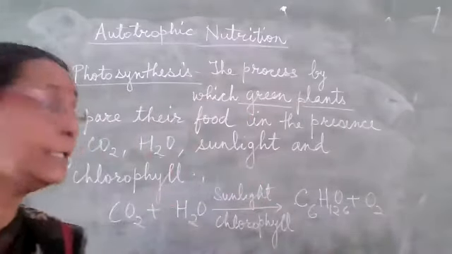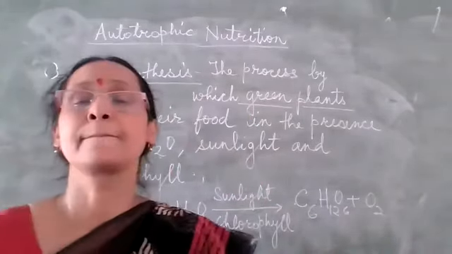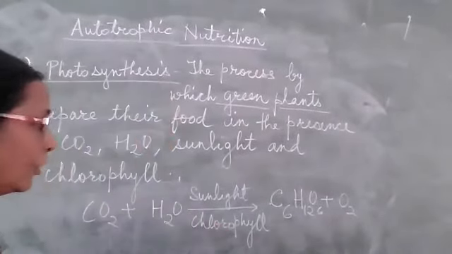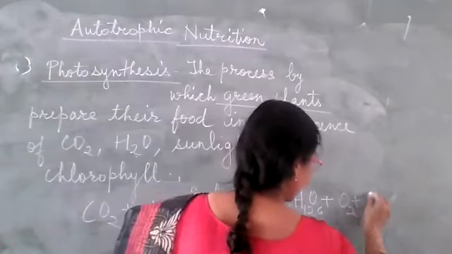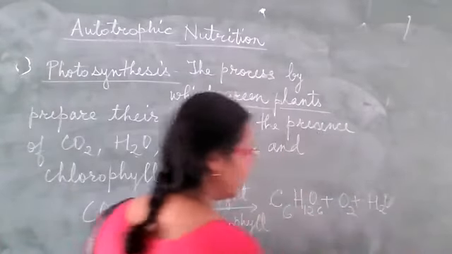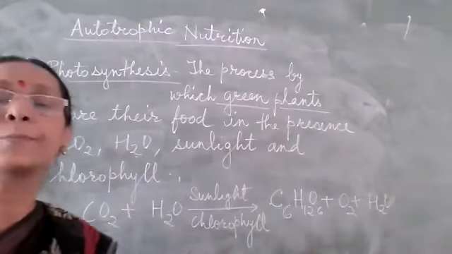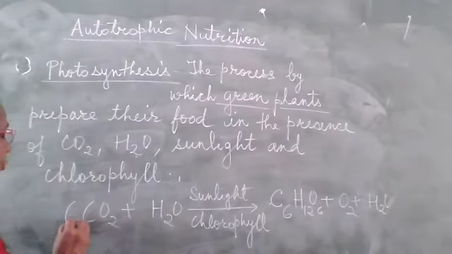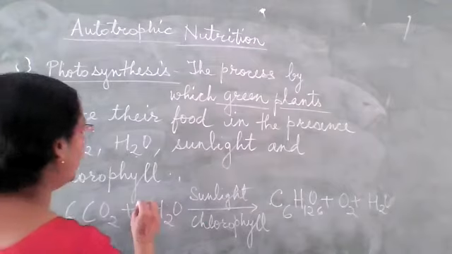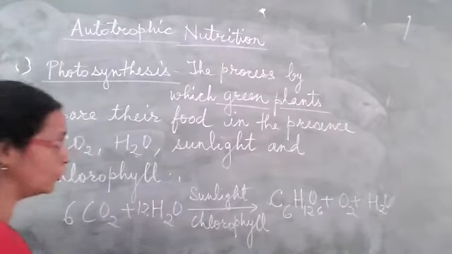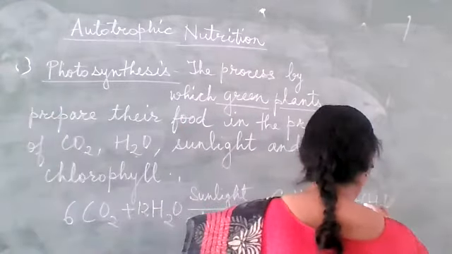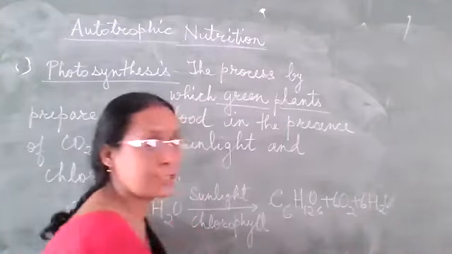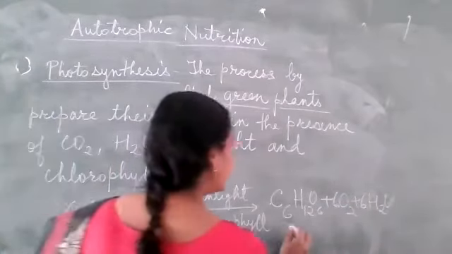Oxygen is the byproduct. Plus water. It is given in your book also. So 6 molecules of CO2 and 12 molecules of H2O will provide glucose, 6 molecules of water and 6 molecules of oxygen.